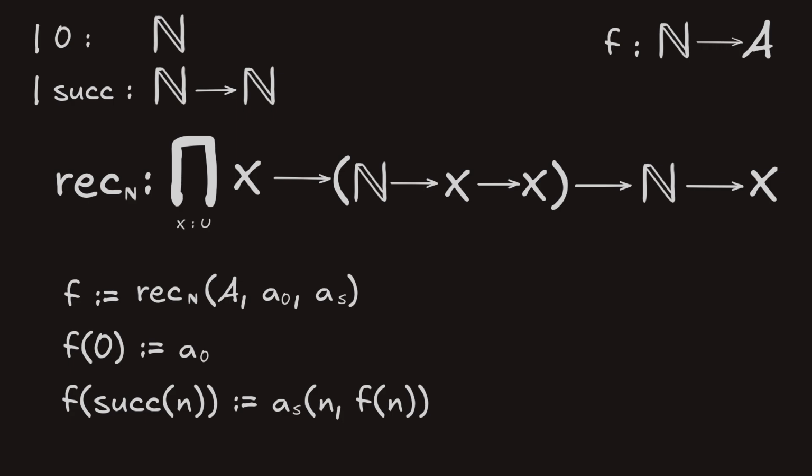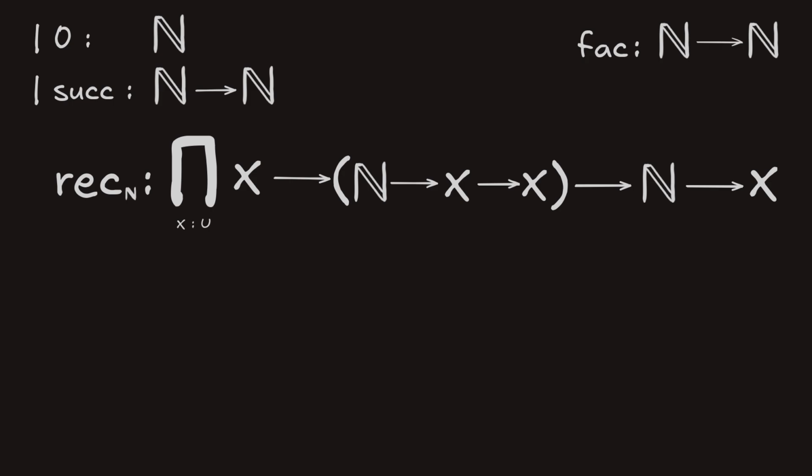Let's take a look at an example. Suppose we wanted to define the function factorial. How would we go about that? Well, firstly note that 0 factorial is equal to 1.